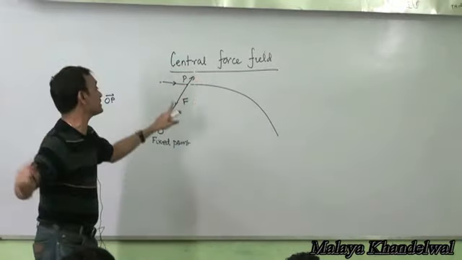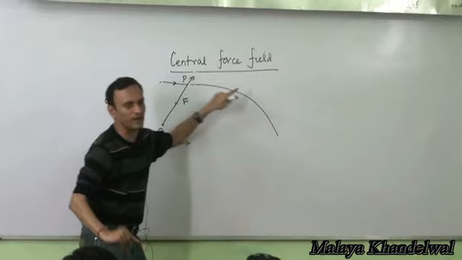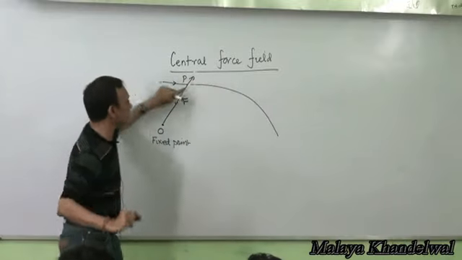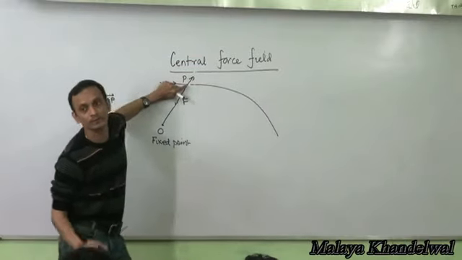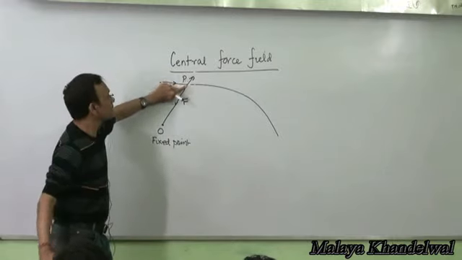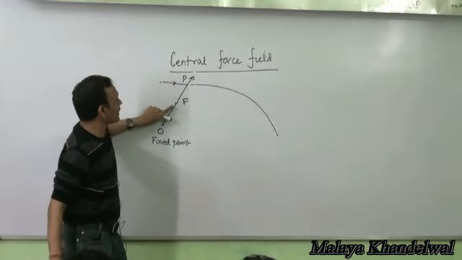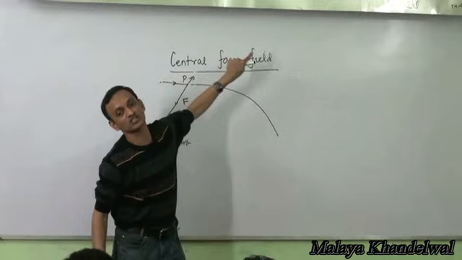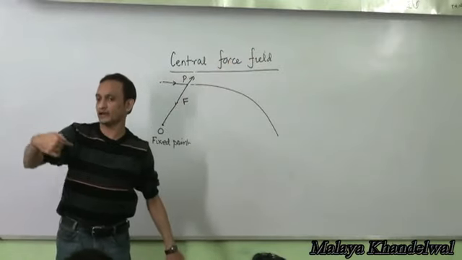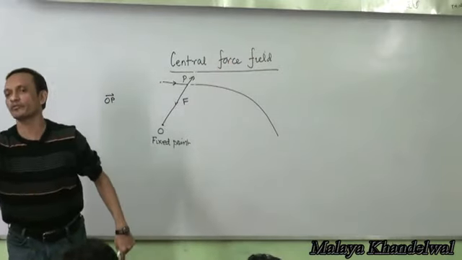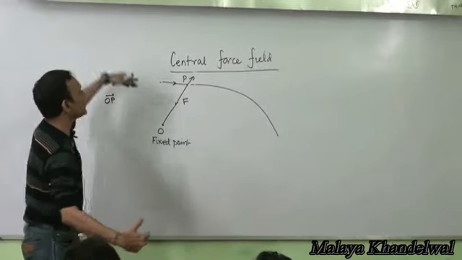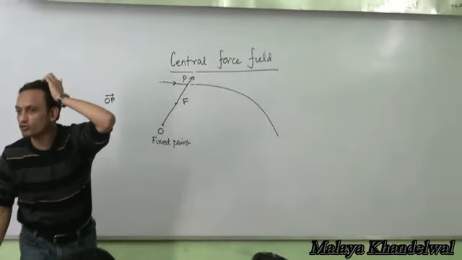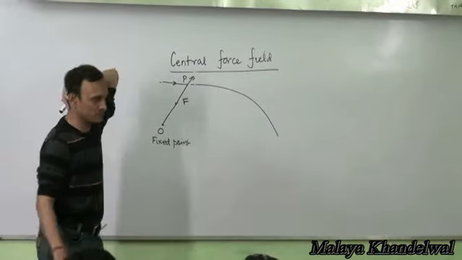If the force experienced at any point P of this field is such that the line of action of the force will always pass through O, either directed towards O or away from O, then we refer to this as a central force field, right?